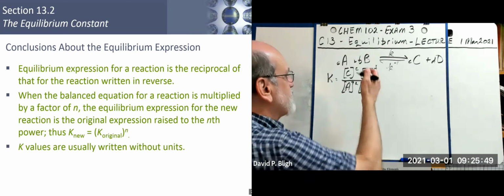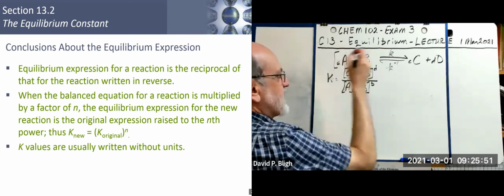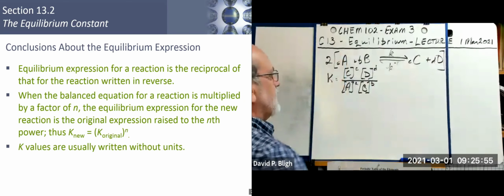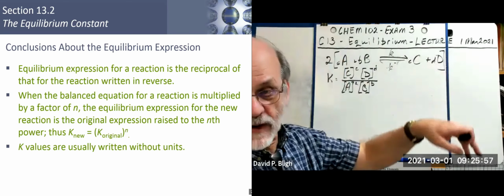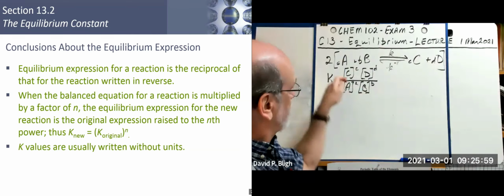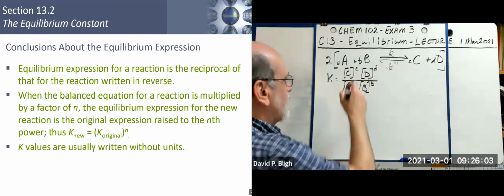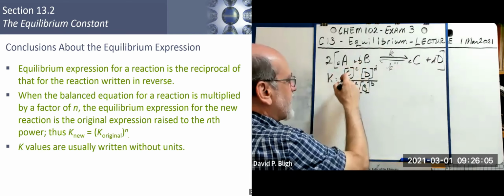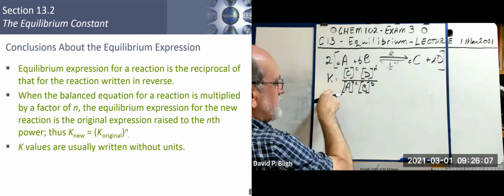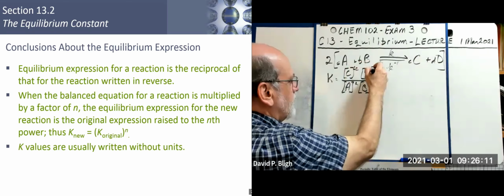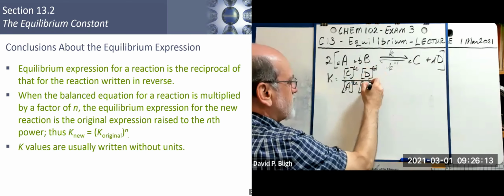Well, if you multiply this by, let's just take an example, say 2. You have to multiply that whole equation through by 2. What does that do? That makes this 2A, 2B, 2C, and 2D, right? So now the expression for the K, and this would be a different K, would be 2 times each one of these, correct?